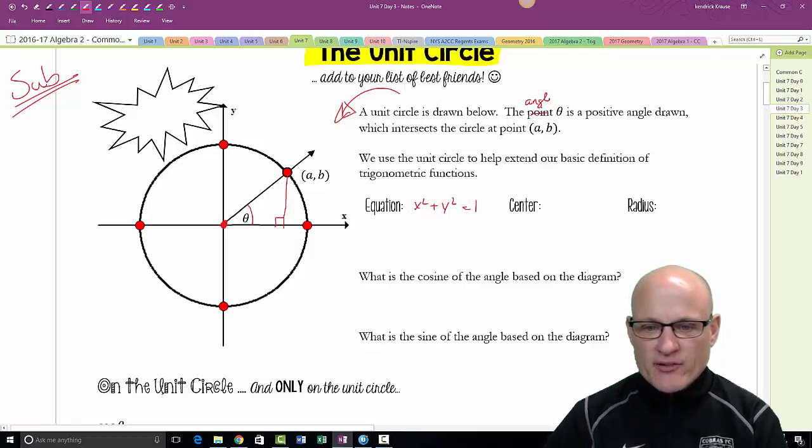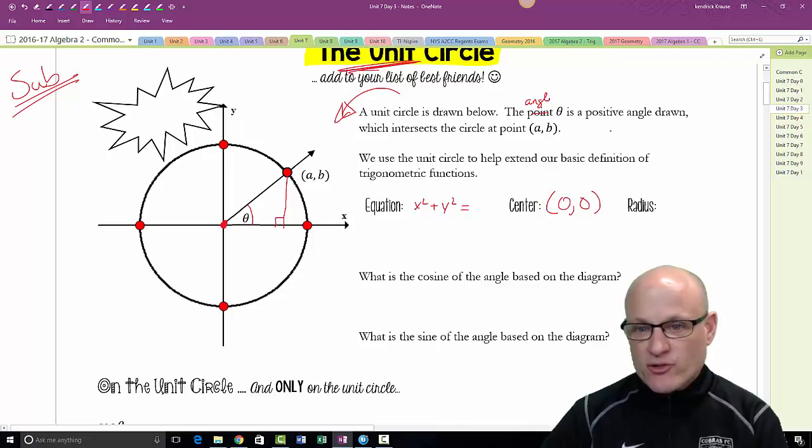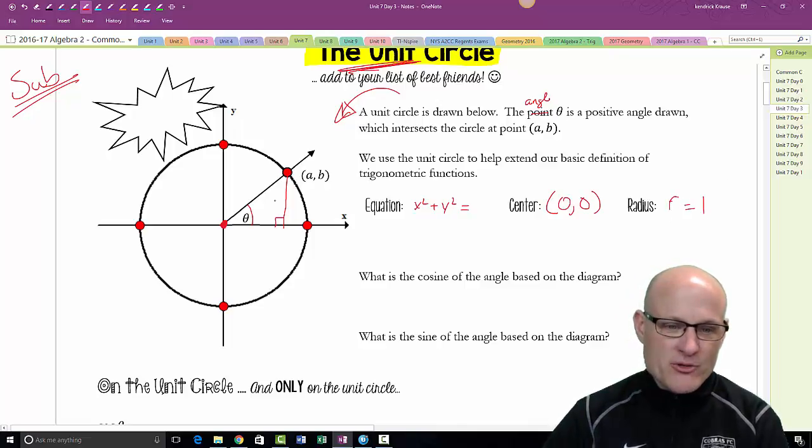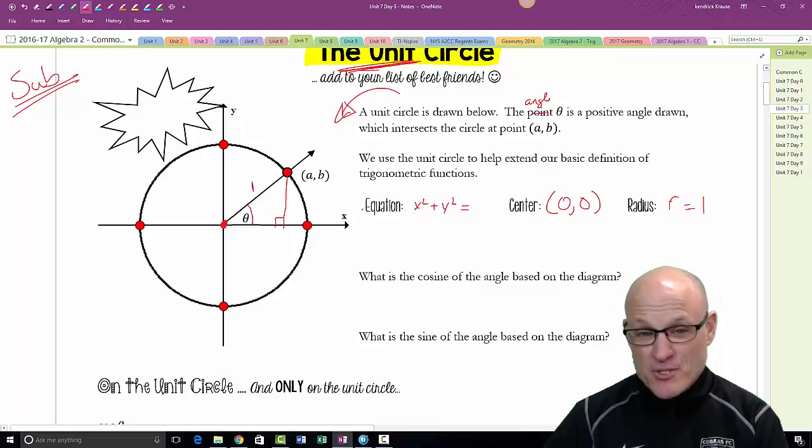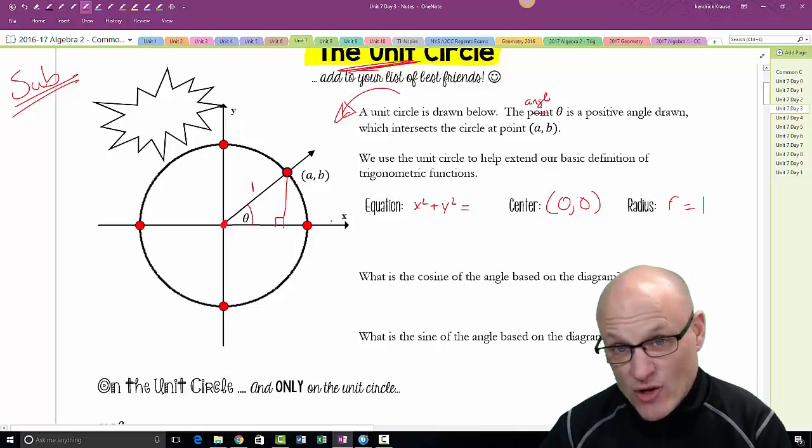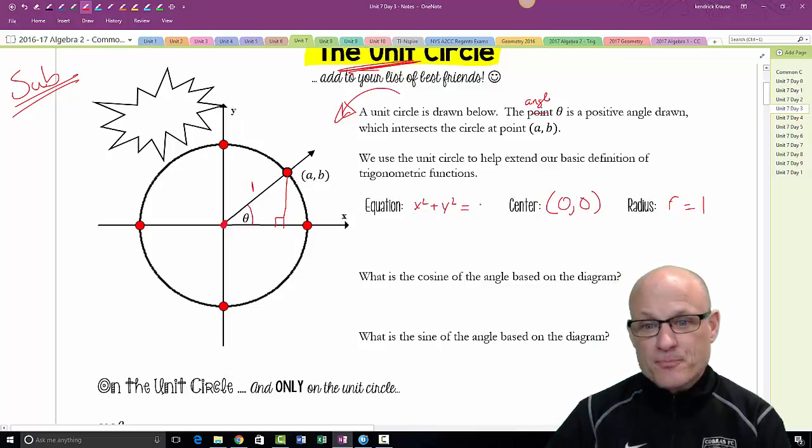First, I said 1 here. You probably don't know why it's 1 until I get to the radius. Our center is (0, 0), and our radius for this circle, because it's called the unit circle, is 1. So when I do this Pythagorean theorem and work within this triangle right here, that radius is 1. In other words, the hypotenuse is always going to be 1.